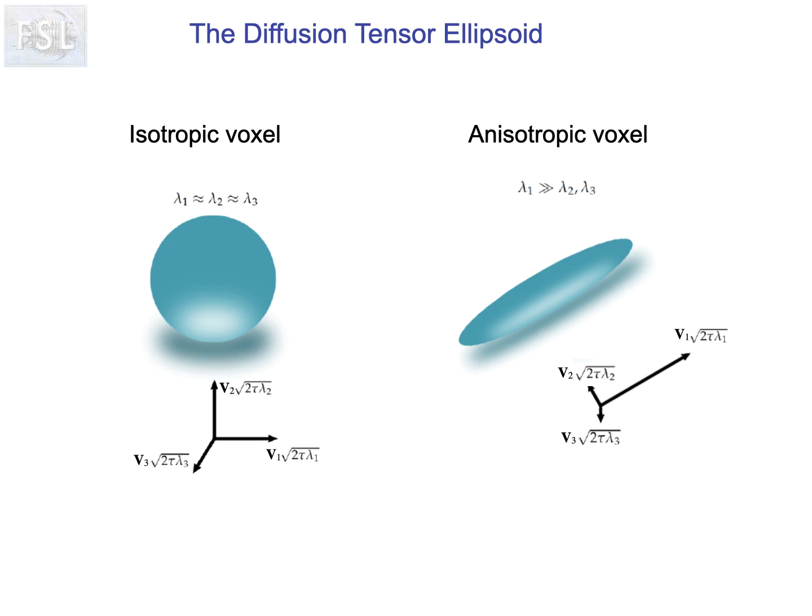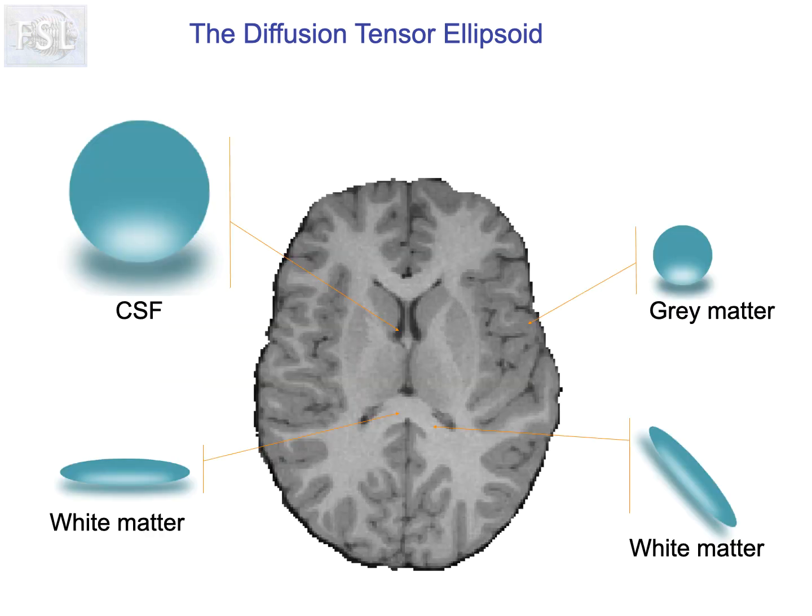Using this information, we can now very easily determine what is an isotropic voxel and what is an anisotropic voxel. An isotropic voxel is simply a voxel where all of the eigenvalues are roughly equal, because water molecules can diffuse easily in all directions. An anisotropic voxel is simply a voxel where one of the eigenvalues is larger than the other eigenvalues.